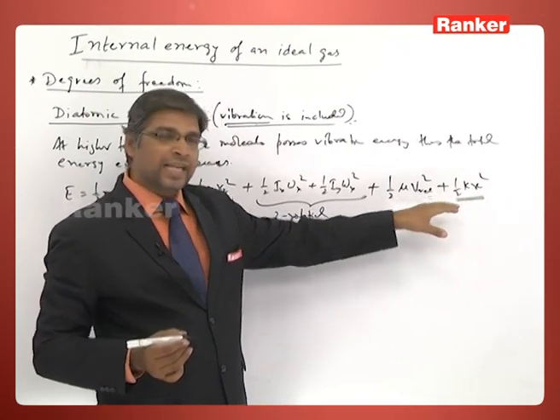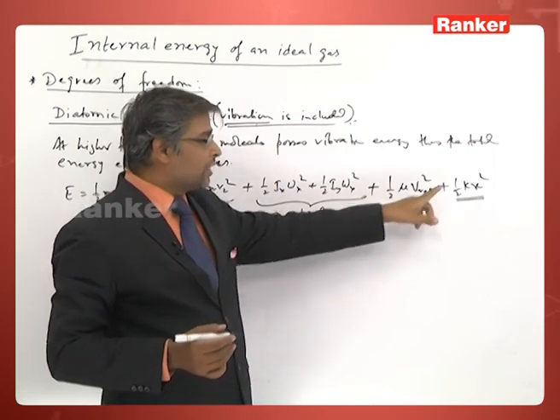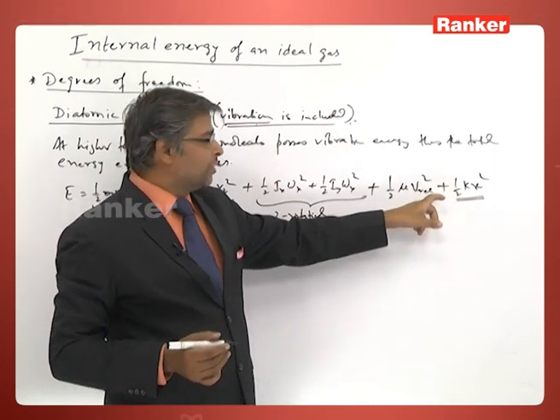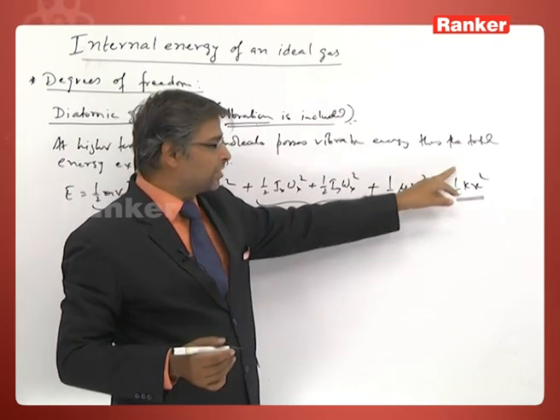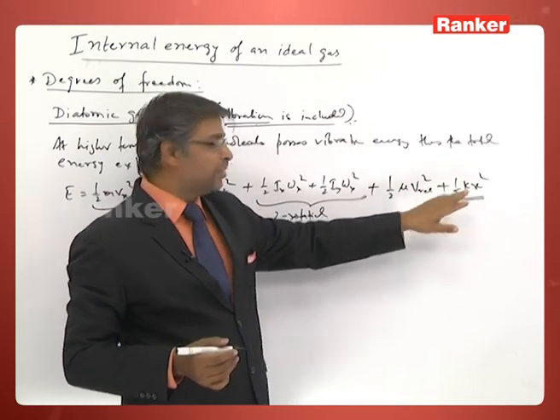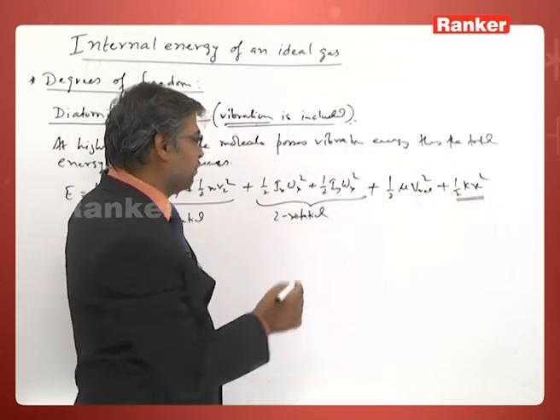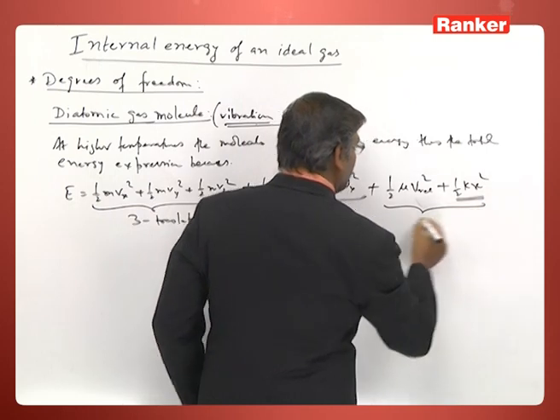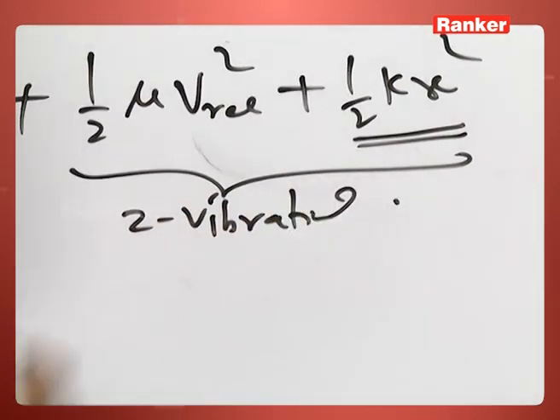So, that is why in the very beginning, in the definition, I wrote the quadratic term. I did not write the kinetic energy term because this is not a kinetic energy term, this is a quadratic term, but it accounts for a degree of freedom. So, we have two vibrational degrees of freedom.